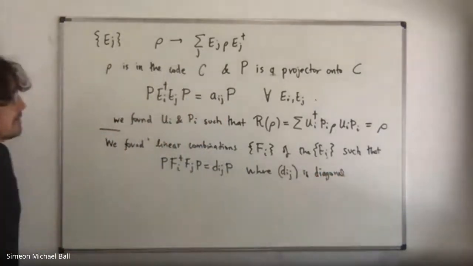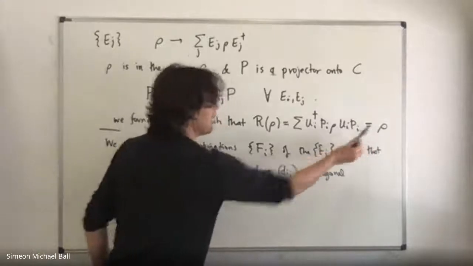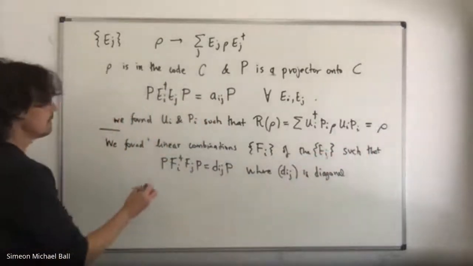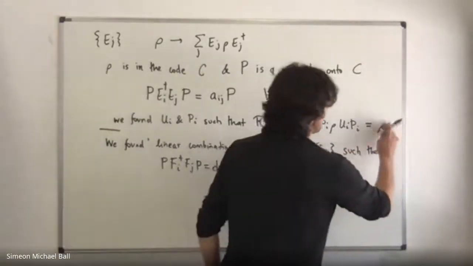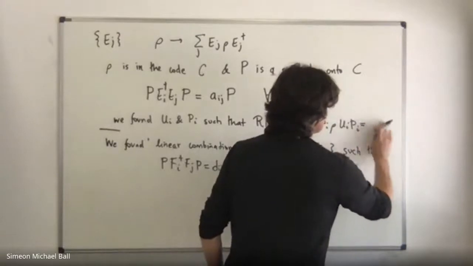And when we got to the end, we had the sum of d_ii here. Okay, so what we showed was this. Let me write it in.